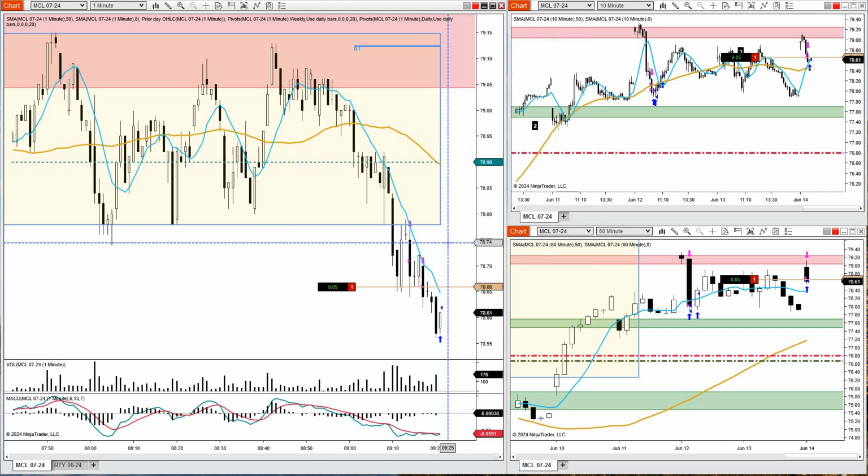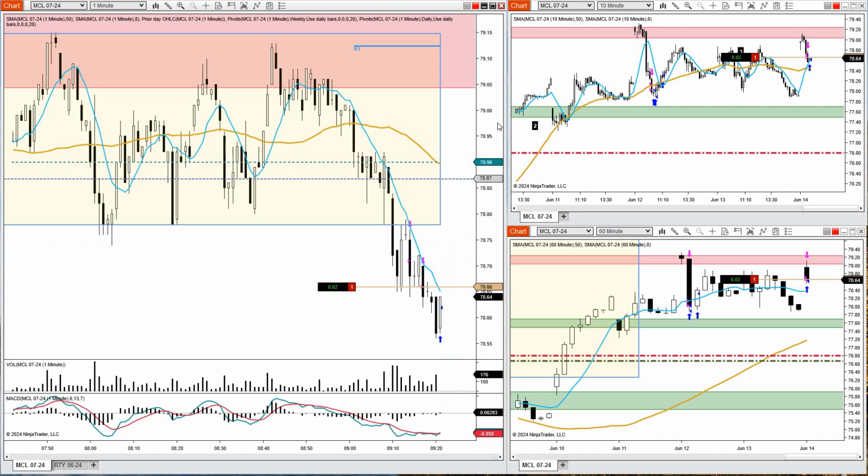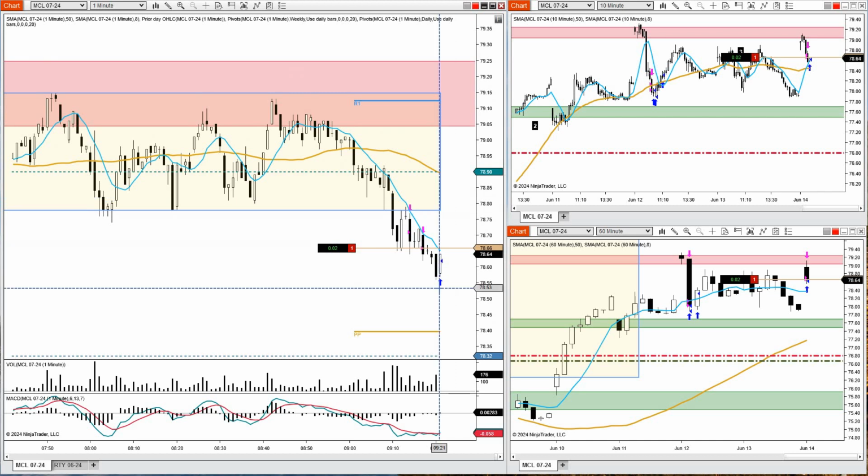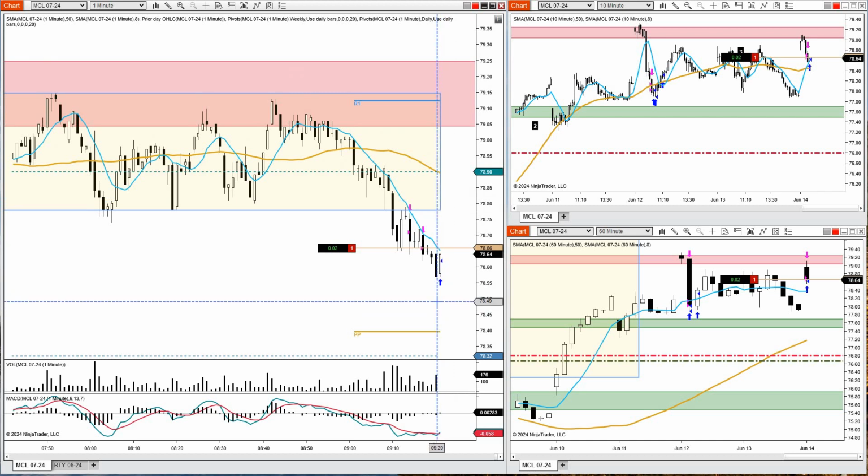Thinking about moving this protection to break even. But we'll see. See if I can take that last one off.